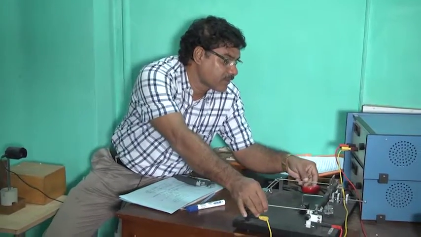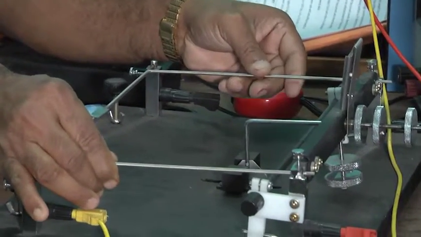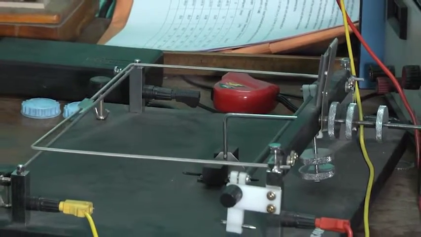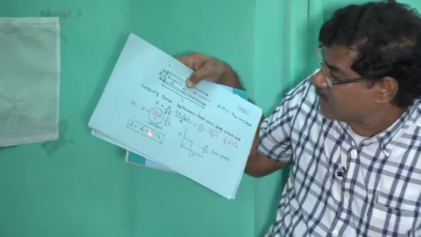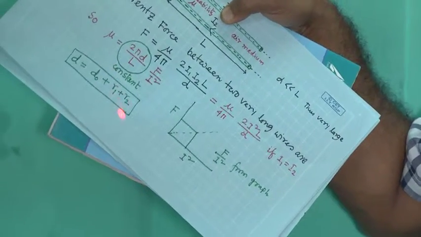So, this way we will find out R1 and R2, whatever formula I have shown you. Here D equals D0 plus R1 and R2. So, this way we will find out R1 and R2.